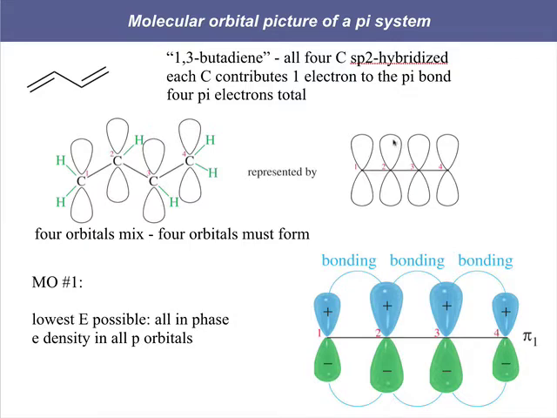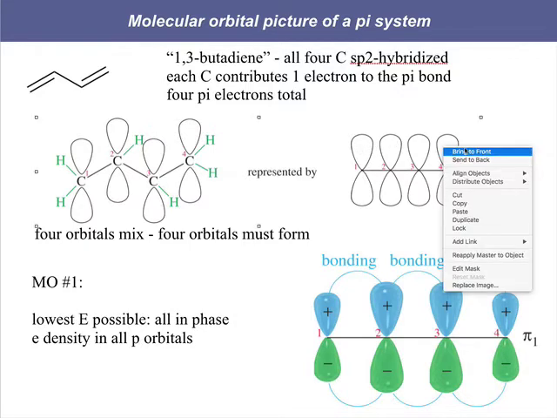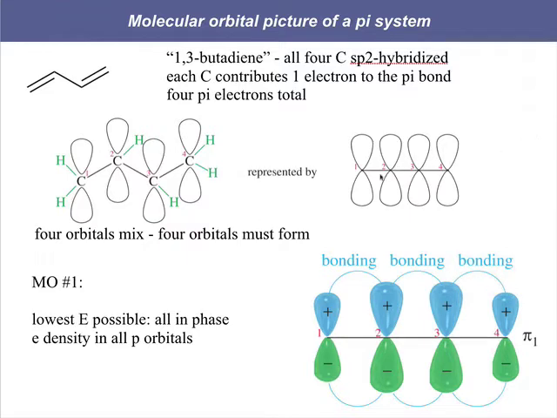So let's look. When we're going to mix 4 orbitals together, we should produce 4 new orbitals. So the first molecular orbital that we're going to get is going to be the one in which all of the p orbitals are mixing in phase. So positive lobe, positive lobe, positive lobe, positive lobe, negative lobe, negative lobe, negative lobe, negative lobe. So we have bonding interaction between all 4 orbitals.